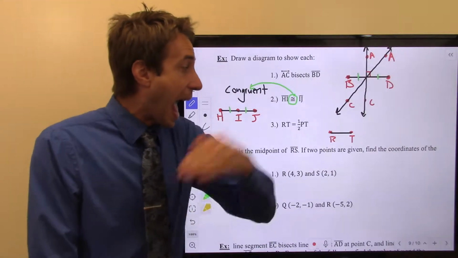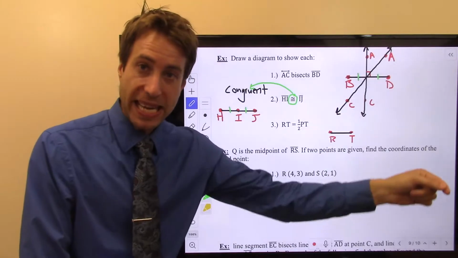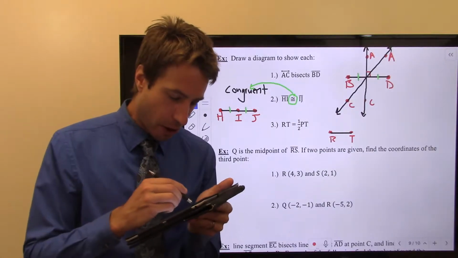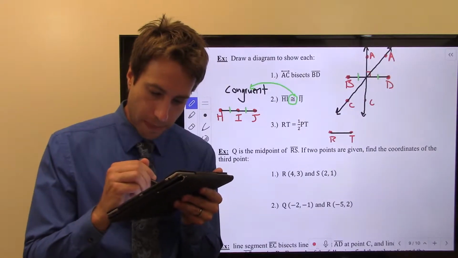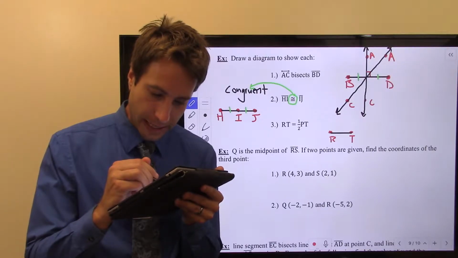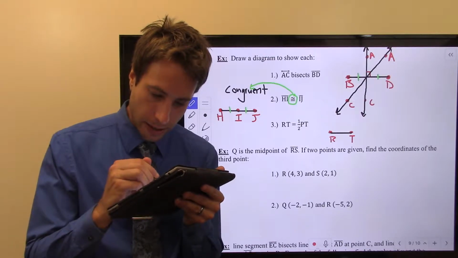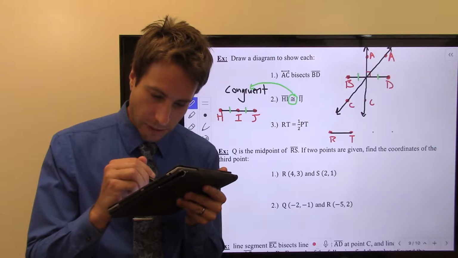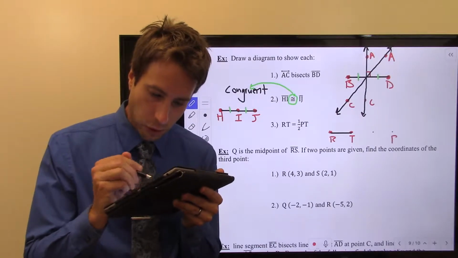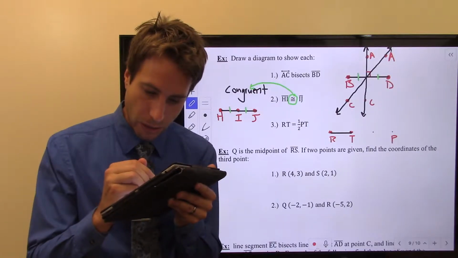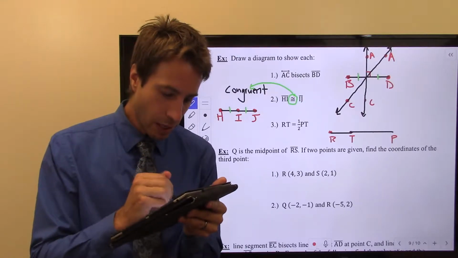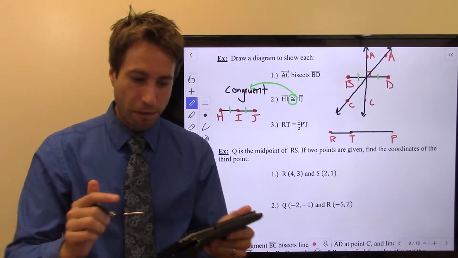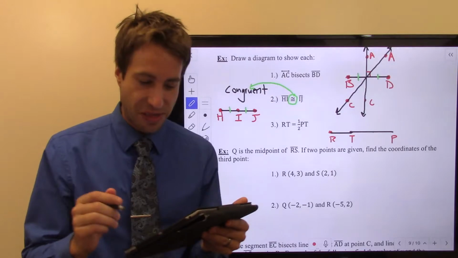Is half of PT. Okay, well, I've already got a T in there, so let's go ahead and do P. And again, I apologize, I'm freehanding this. I'm going to try the best I can to go out twice as far. That looks to be about it to me. Hopefully that is it.